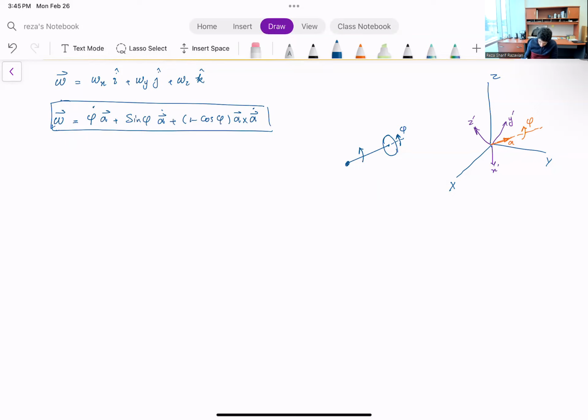So it is useful if you know your axis of rotation and the angle of rotation and how they're changing. You can get the angular velocity of the body.